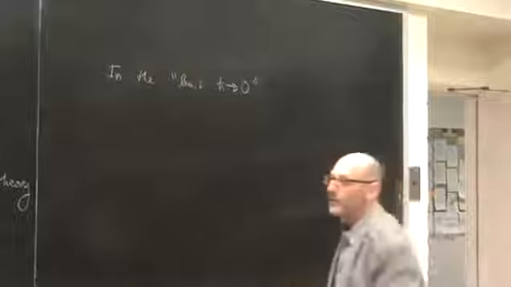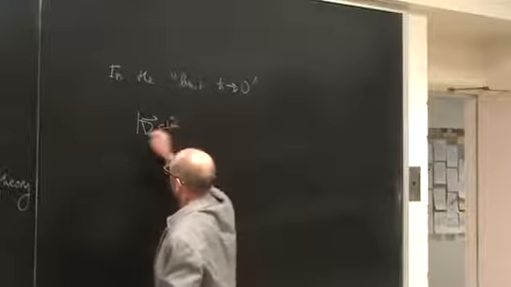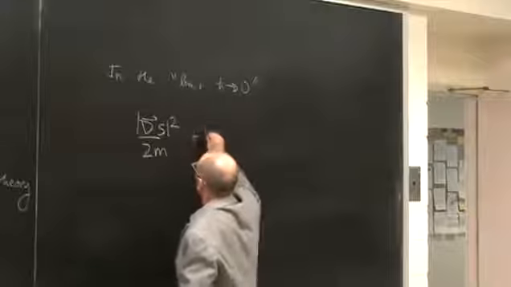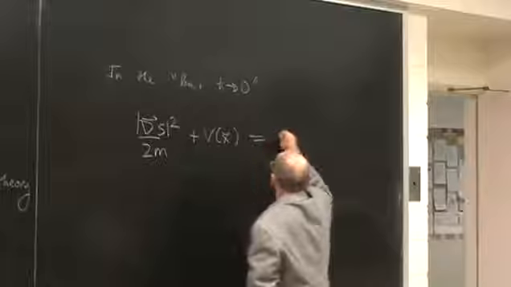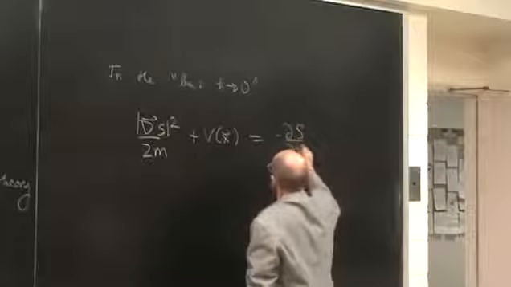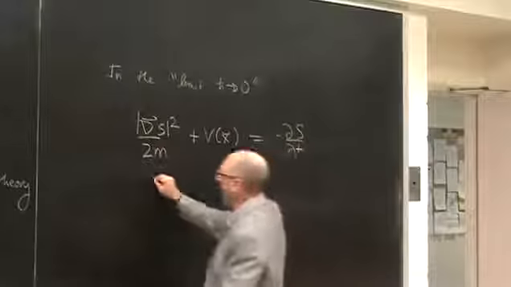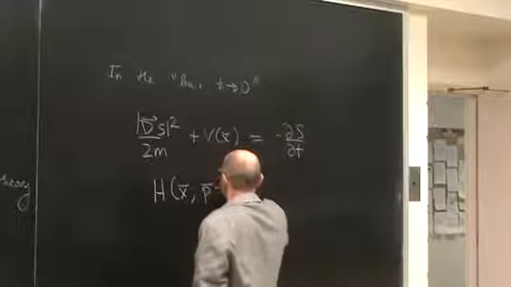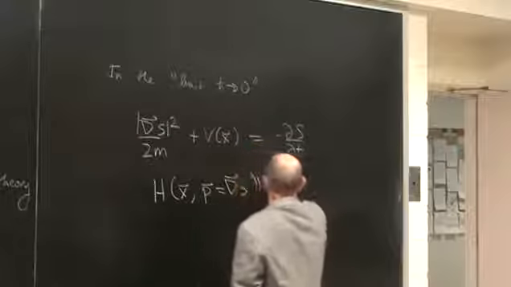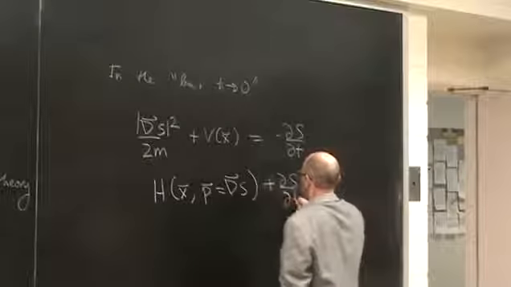Let's suppose h bar was 0. Then what is this equation? That equation is this, which is saying the Hamiltonian evaluated at x and p is the gradient of S, plus dS/dt.